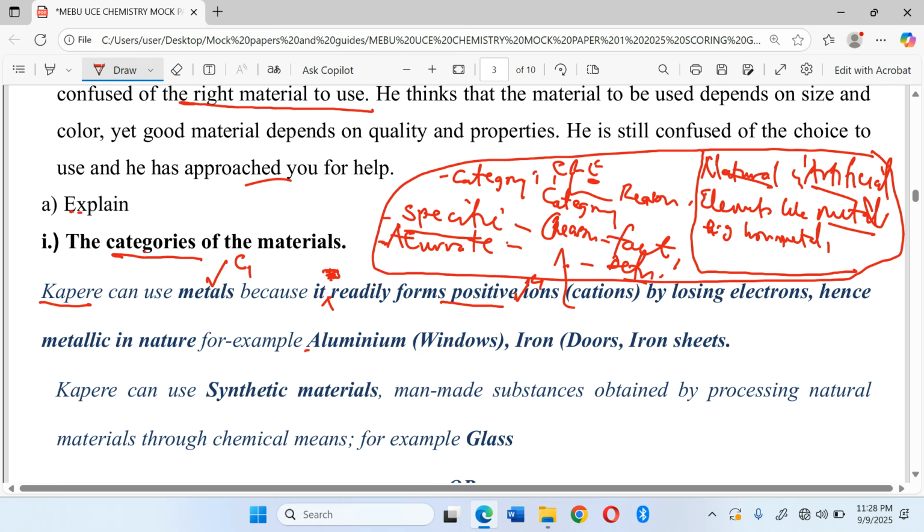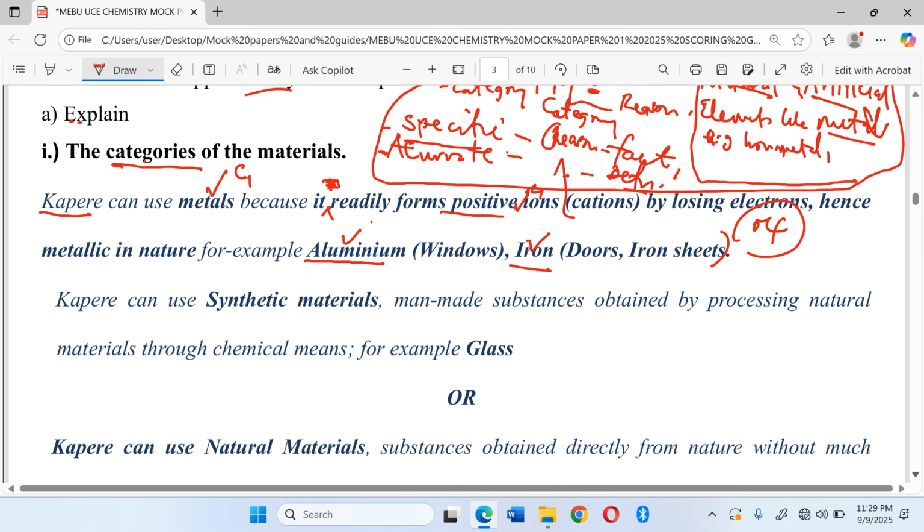We have put some examples of metals like aluminium. We have a metal like iron. So we have these two metals which are our examples in this case. So you have Capelli can use metals, and if you give that, you'll get 2 scores for category and 2 scores for the reason, and then you can get all the 4 scores.